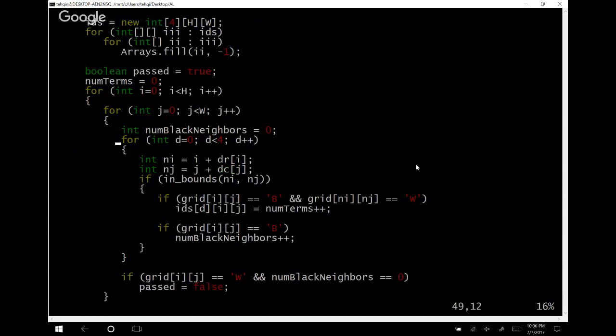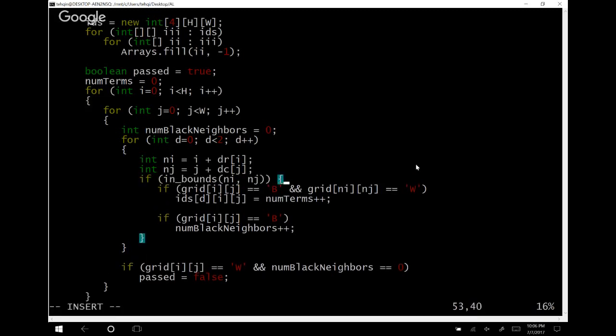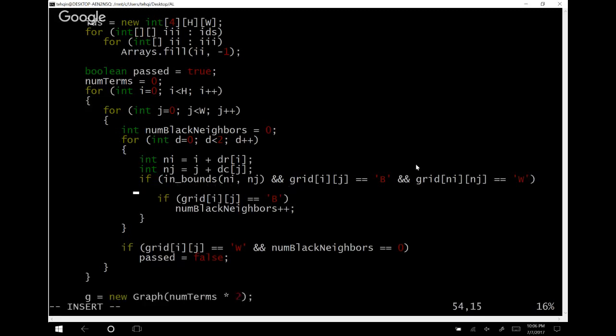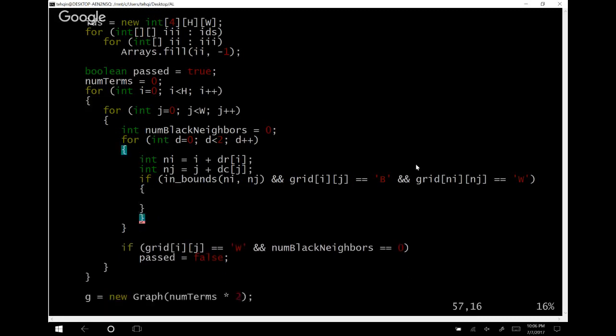So I'm only going to check 2 directions. I'll join all this. All right. So what I'm going to do is I'll just check the vertical direction.